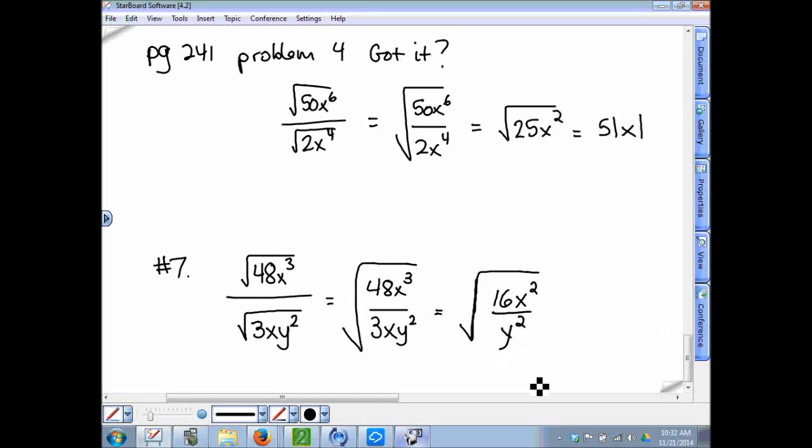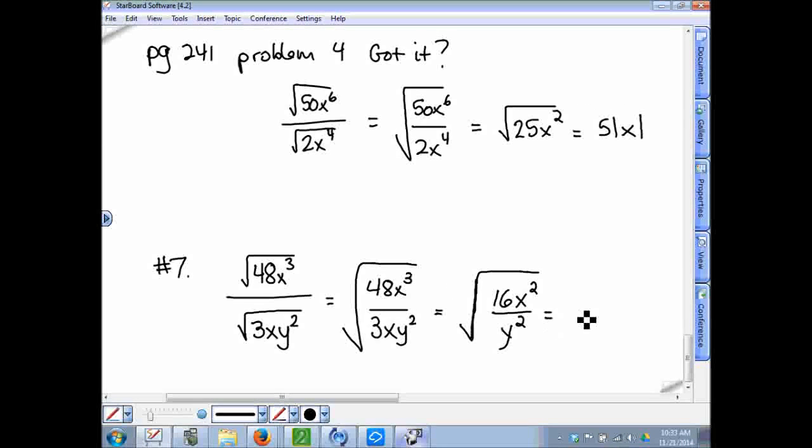It's on the bottom right there. 48 divided by 3. And then x to the second came from, there was an x to the third right here, but then there was a single x. When you're dividing, you subtract exponents. You guys with me here?